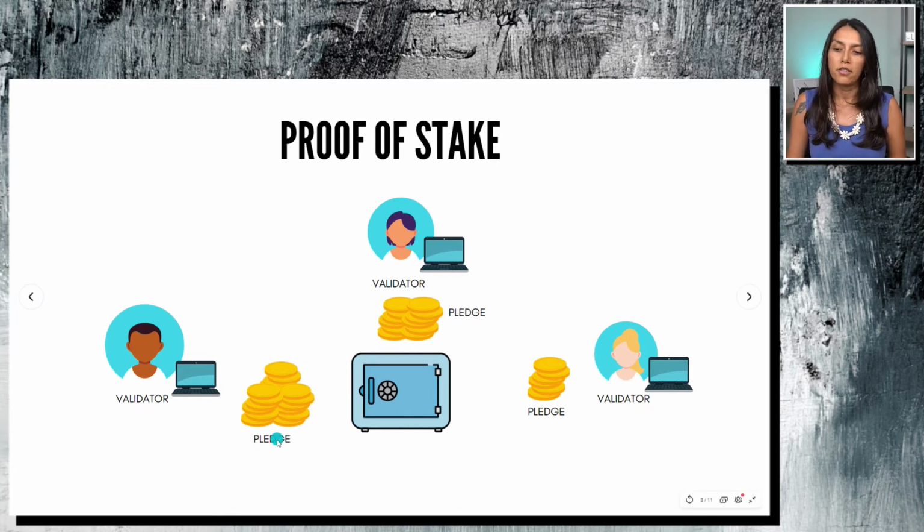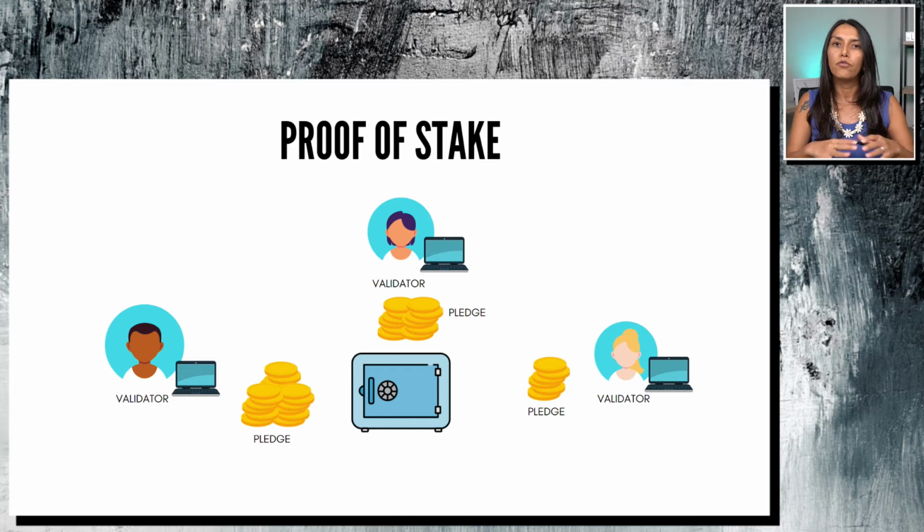So that's the pledge, and there is no limit on how much you can put as a pledge. You can put as much as you want or as little as you want. But it works a little bit like a competition: although the choice is random, if you put more money in your pledge, that security deposit shows that you are much more committed than someone who didn't put in much.